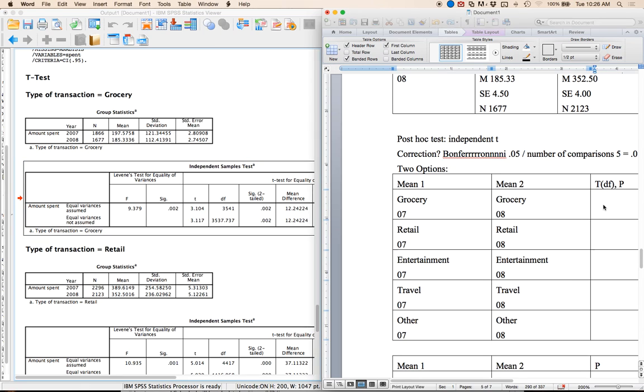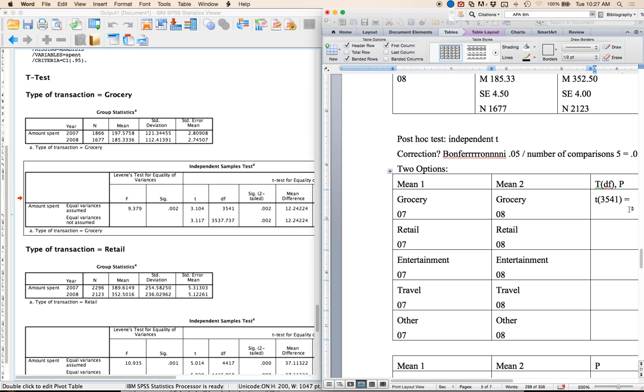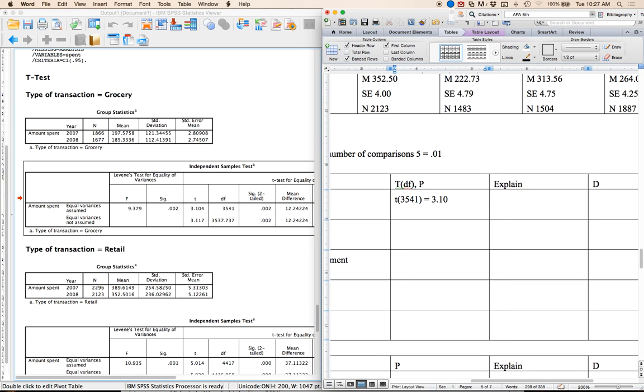So for grocery 07 versus 08, it would be t with degrees of freedom 3541 equals, and my t value here, 3.10. Okay, and my p value is 0.002.